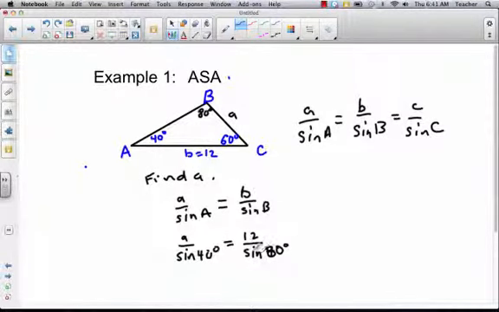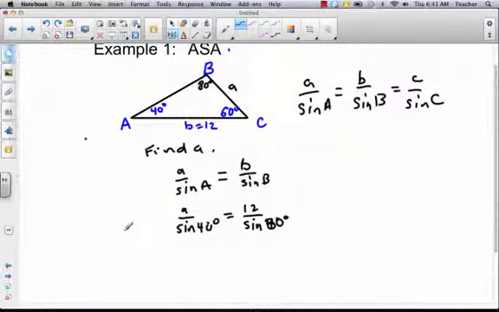In order to solve for this, we will cross multiply. A times sine of 80 degrees will be equal to 12 times sine of 40.